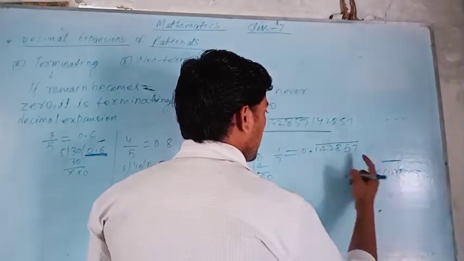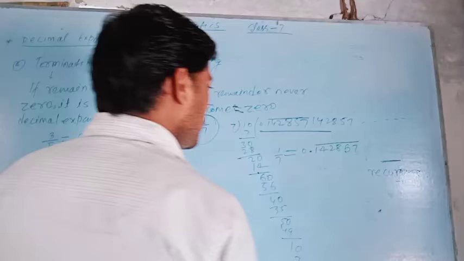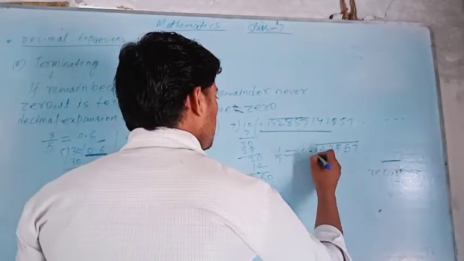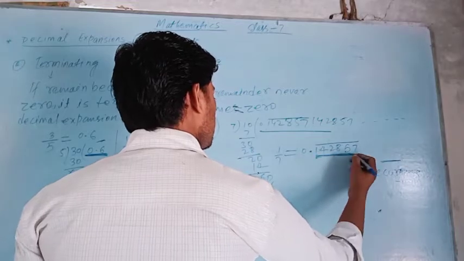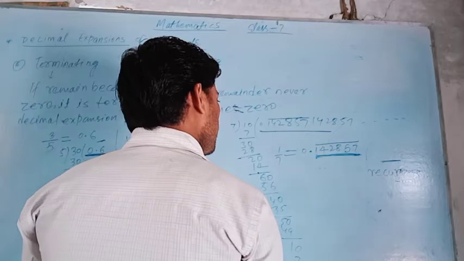This bar is called recurring. It means it will repeat these whole digits. 142857 will come again and again.